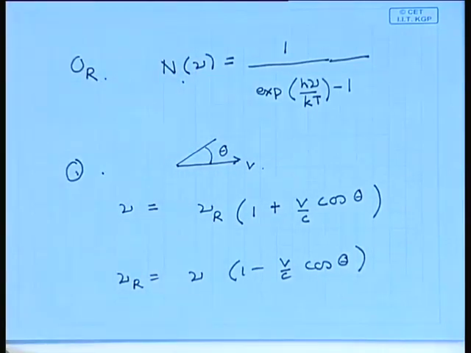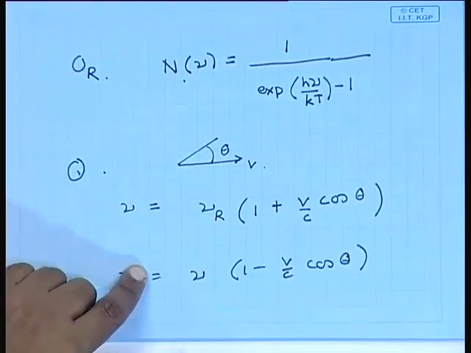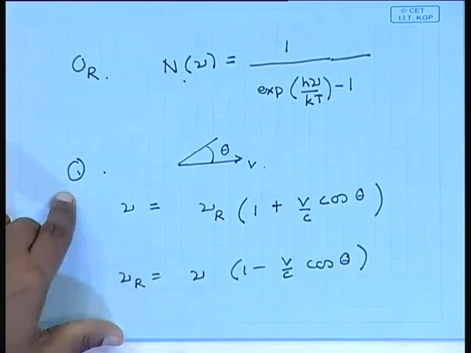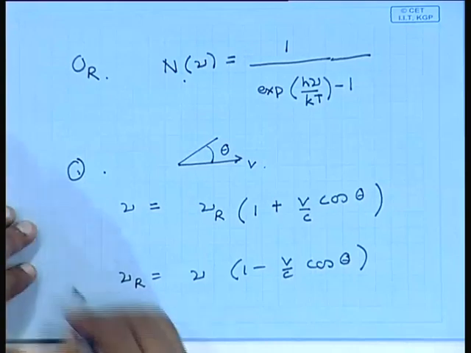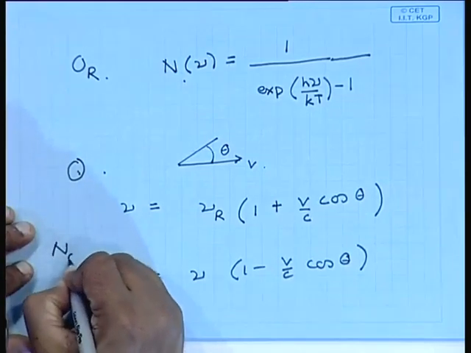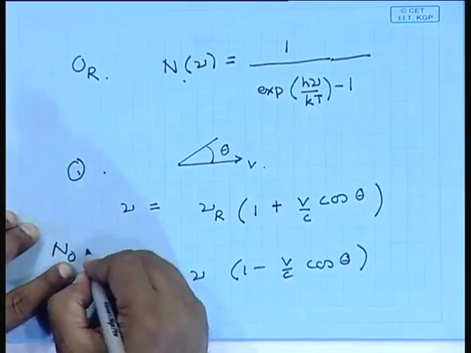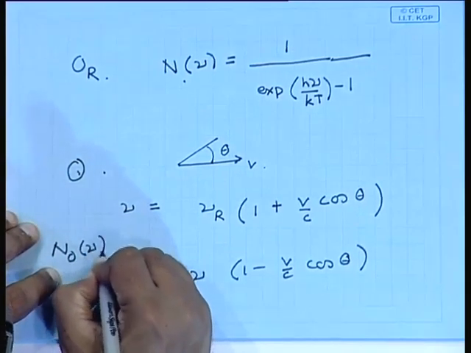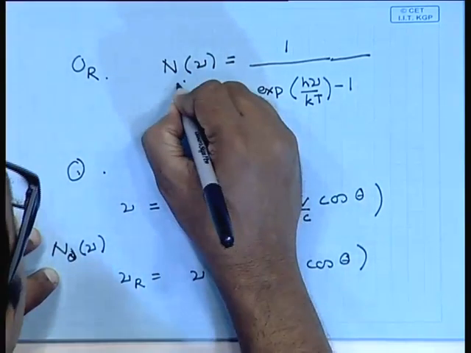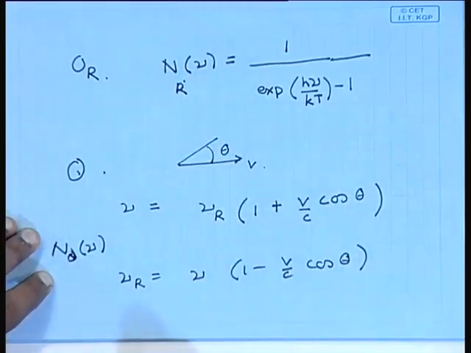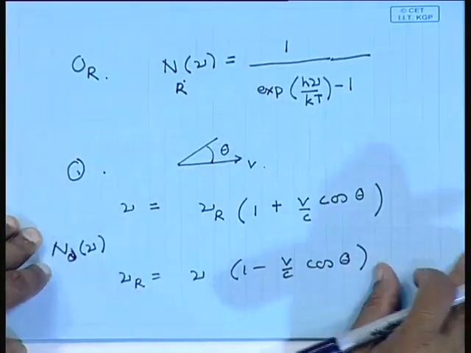So, if I know nu, the observed frequency, I can predict what the frequency of the photon is in this frame. Now, I want to calculate the occupation number in the observer's frame of a particular photon. Let us call this n_r, in the rest frame.